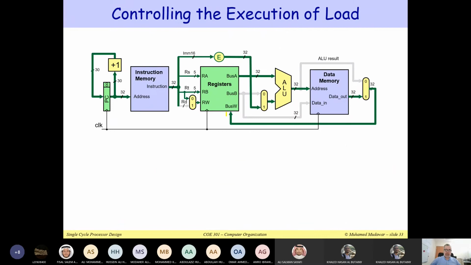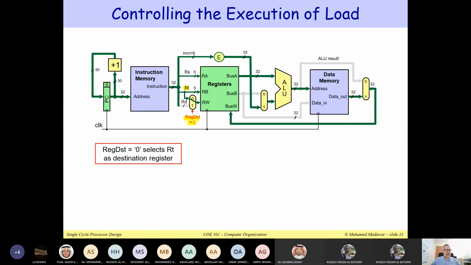Right. So let us take a look at how we control the execution of the load instruction. Remember that load and store are both of the immediate type. So there is a 16-bit immediate, which is part of the instruction. There is no RD, there is RT. So we are writing to RT, not RD. Notice that register destination must be 0 because we are going to write to register RT.